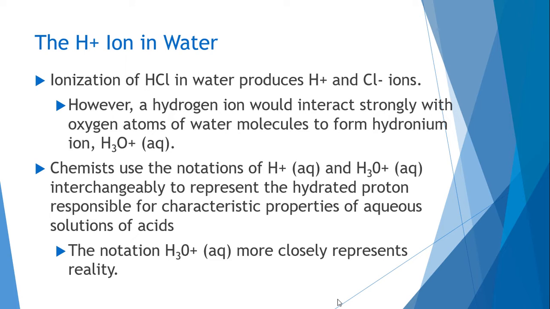And we're going to look at a proton or an H plus in water. Let's focus on the chemical HCl. In water, if I dissolve HCl, it produces H plus ions and Cl negative ions. However, they don't stay as H plus and Cl minus. This hydrogen is positively charged and it wants to interact with oxygen atoms on water molecules.